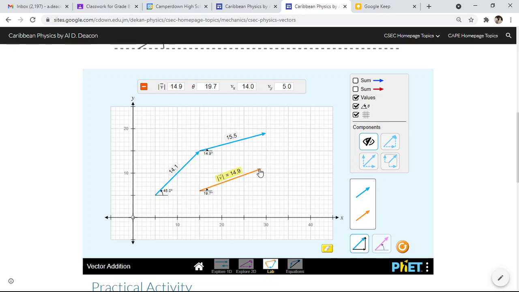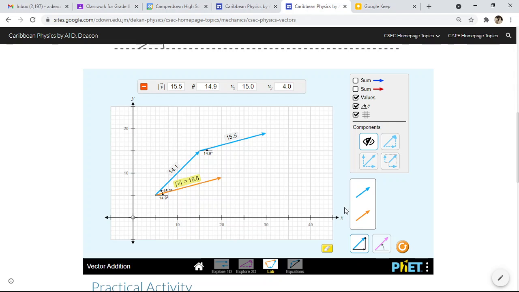What you'll notice is that it is a bit difficult to manipulate this simulation, right? So I would have put my protractor here and measured 14.9. Good? And that would be the 14.9, right? Repeating, I would have put my protractor here, measured 14.9, then used my ruler and measured 15.5 units.